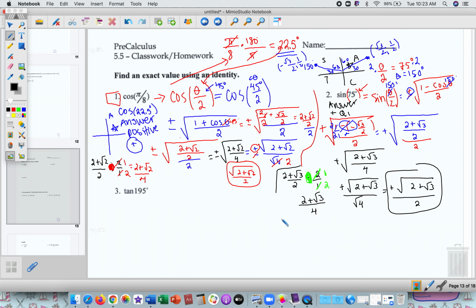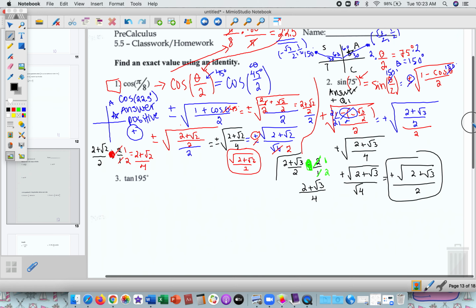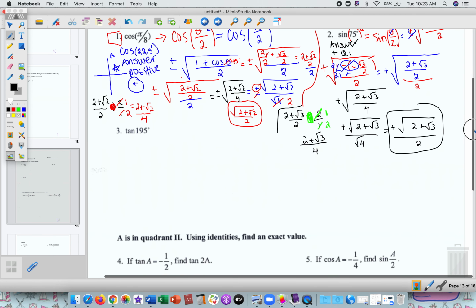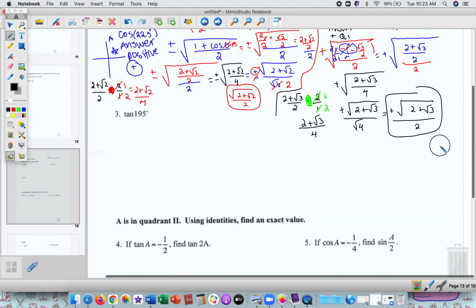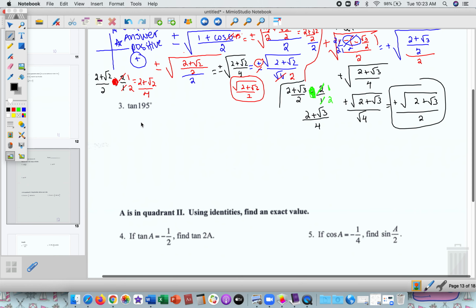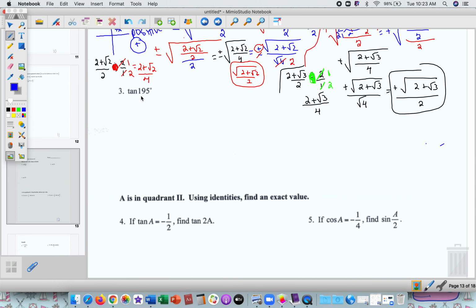Let's do tan of 195 degrees. So we look at this, and tangent of 195 degrees isn't on our unit circle. We need to look at this and ask ourselves, what can I do to create theta over 2, or theta some number on the unit circle, and when I divide it by 2 I get 195.